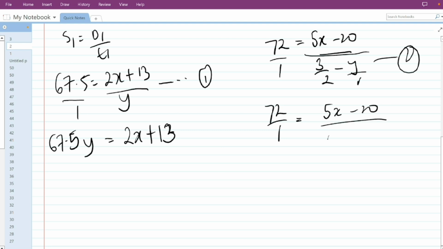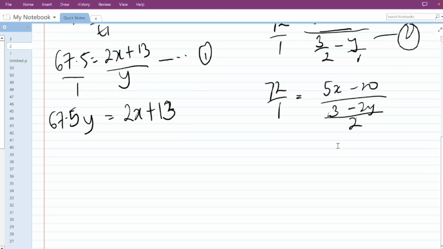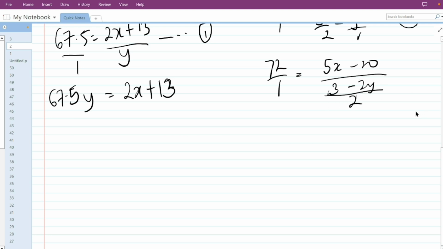y over 1, then we find the LCM. LCM is 2. We can say 2 into 1, 1 times 3 is 3. Then 2 in 1 is 2, 2 times y is 2y. We want to break this down into a simple fraction.